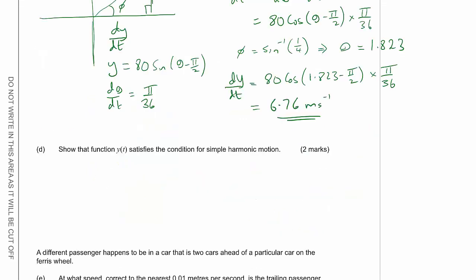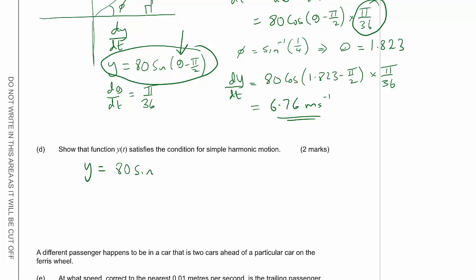Show that the function satisfies the condition for simple harmonic motion. Well, we know that y is equal to this, but since we know that d theta dt is pi on 36, we could write that as pi t on 36, because we know every second it does pi by 36, take away pi by 2.